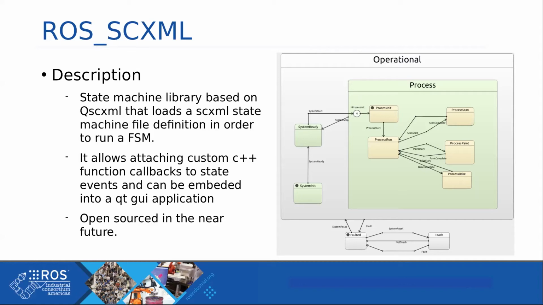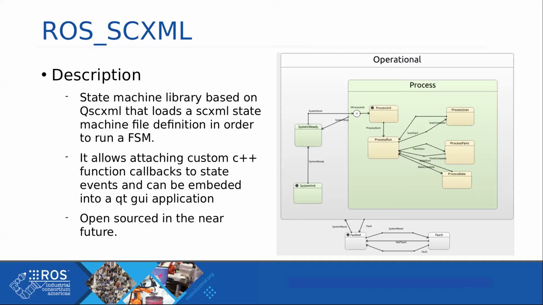So we've been developing tools around this that support ROS and utility functions that make it easy. One of those is attaching custom C++ function callbacks to state events in your SCXML state machine. It's currently in work.